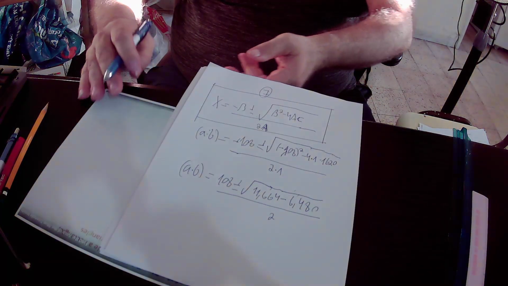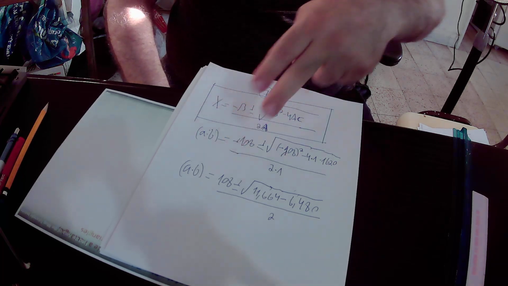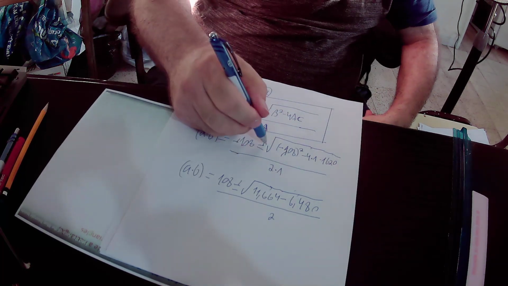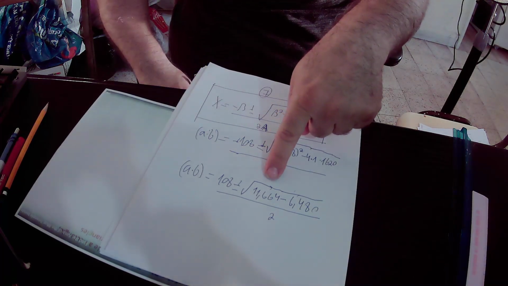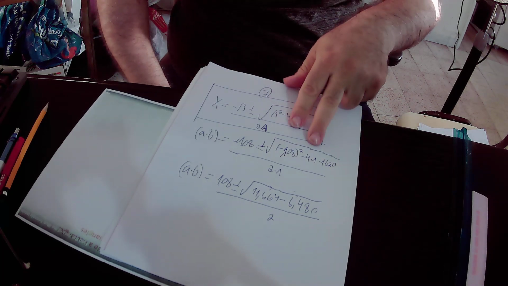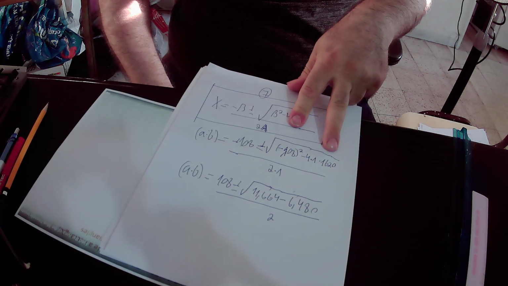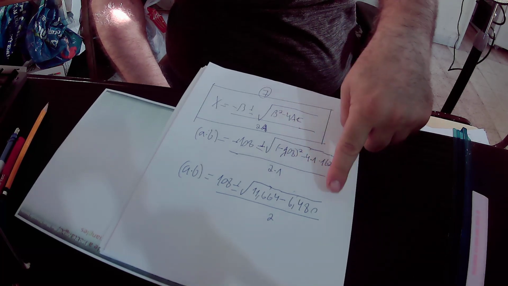I'll repeat again. Here we have 108 plus minus the root of 108 squared, which equals 11,664, minus 4 times 1 times 1620, which equals 6,480.